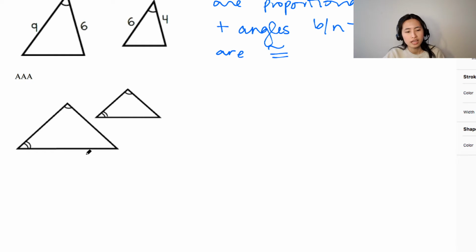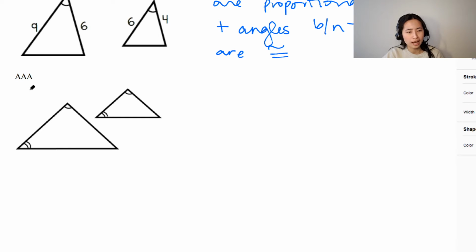If the two pairs of angles over here are congruent to the two pairs of angles over here, then this last angle, because it's the only angle left, needs to be the same as this one. Does that make sense?